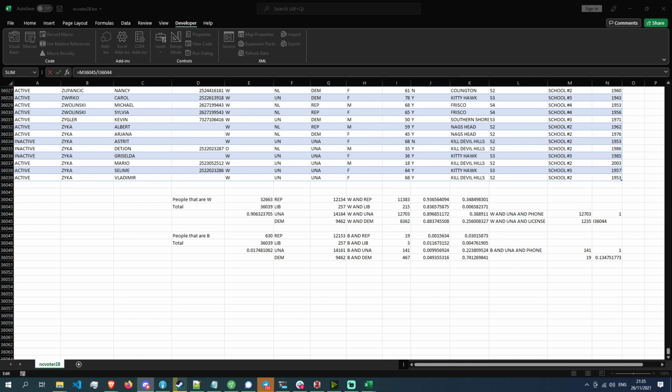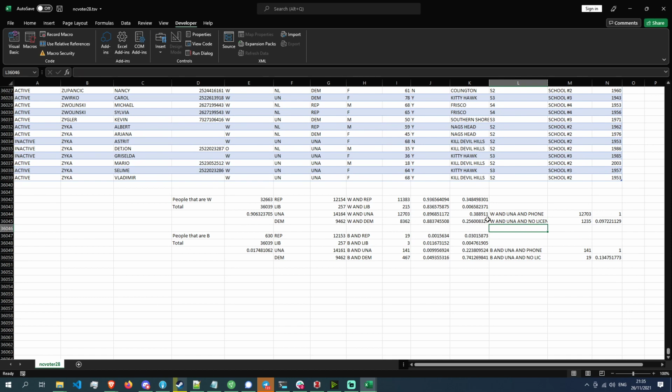How many votes can you lose? Yes and no. So in this state, it looks a little bit interesting because you have a lot of people that are black, and you have more people that are black and unaffiliated and have no license. Right, so black, unaffiliated, no license. There we go. So you have a greater percentage.